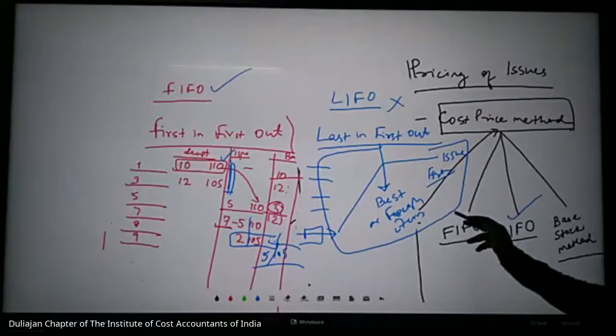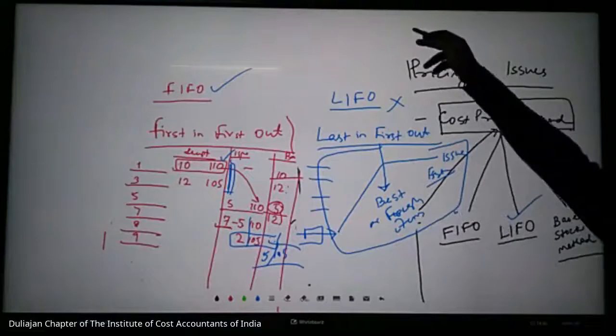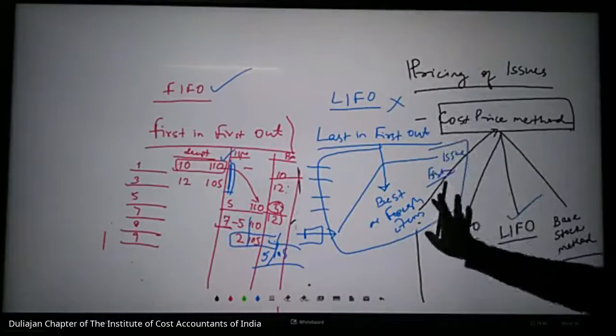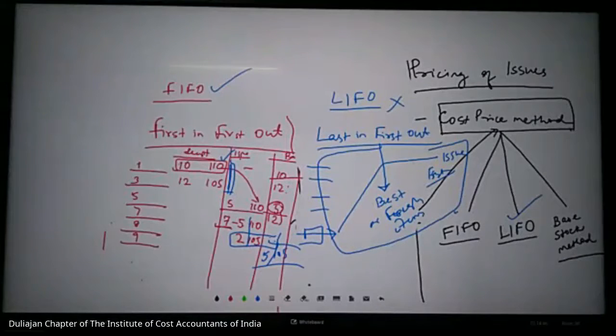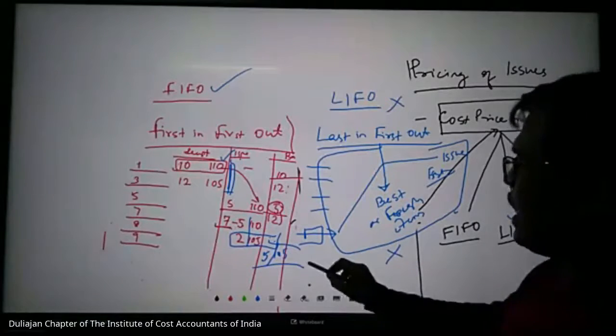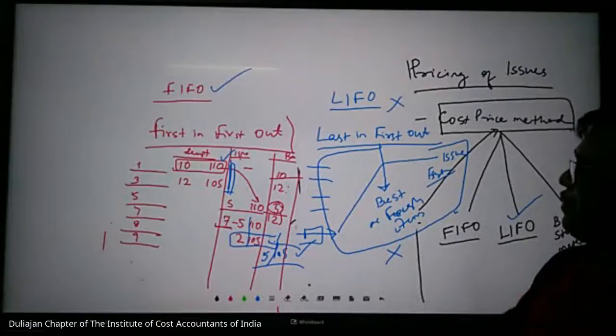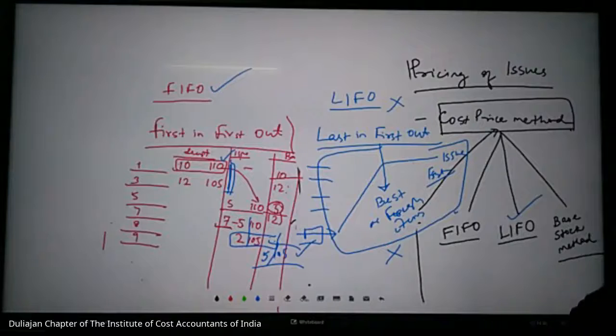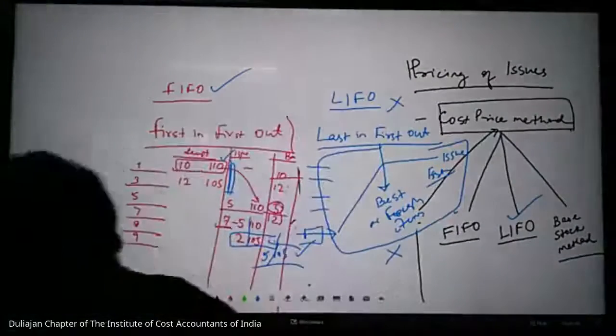Here in LIFO this is opposite. The stock is at the very old price. In LIFO, my stock I am holding at the very opening price. Recently, whatever I have purchased, I have consumed at those prices. So this doesn't give me a market price, whereas here, inventory gives me a market price. These are the advantages of the FIFO method.